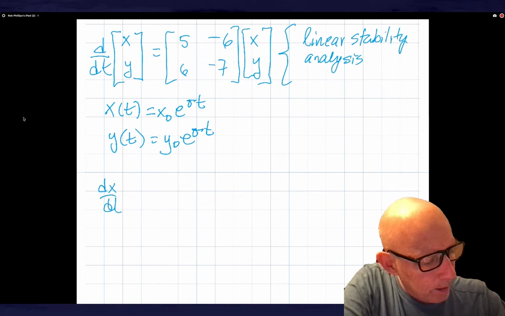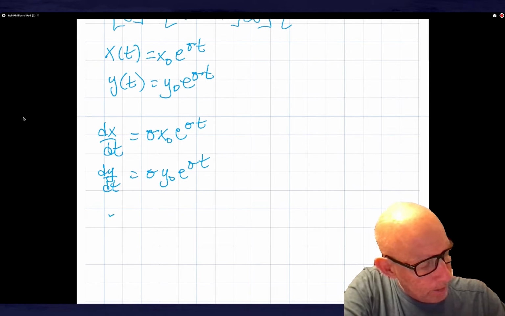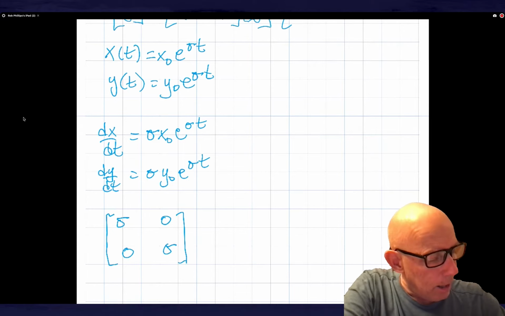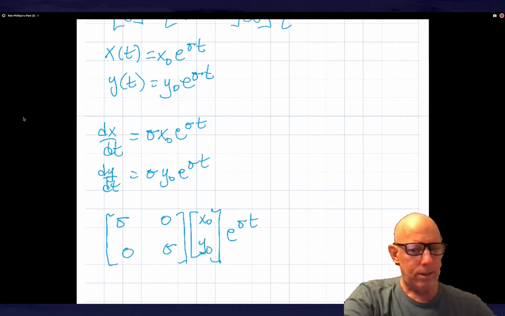So dx/dt is equal to sigma x naught e to the sigma t, and dy/dt is sigma y naught e to the sigma t. This might seem a little awkward, but I'm going to rewrite my equation as follows. This is going to be sigma, 0, 0, sigma, acting on x naught, y naught, times e to the sigma t. That's a rewrite of the left-hand side after I took the derivative.